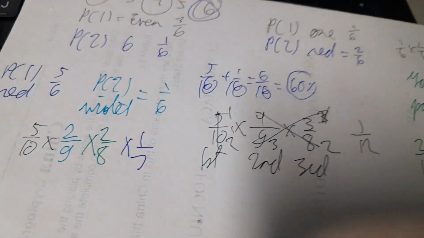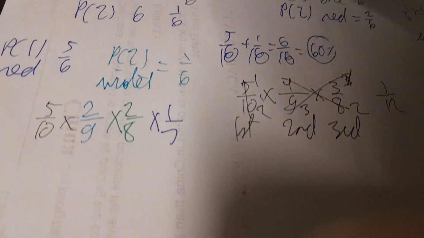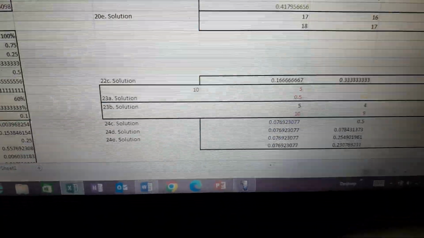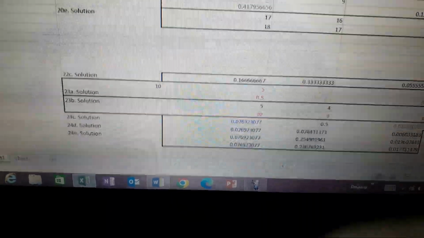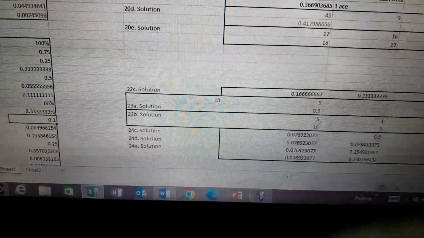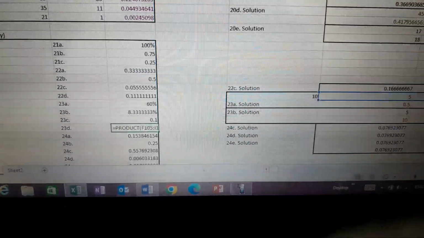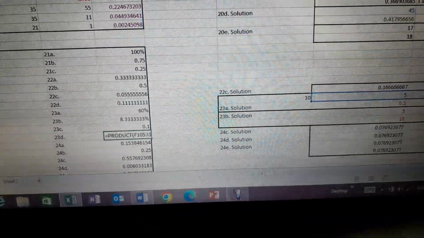At yung kailangan mo gagawin, i-multiply lahat yung mga numero. Tama? To see my solution sheet in Microsoft Excel, ganito kasi yun. So, ito yung solution sheet na ginawa ko. Tama? So, ang ginawa ko dito, it's a product of this guy and this guy. So, yan, di ba?